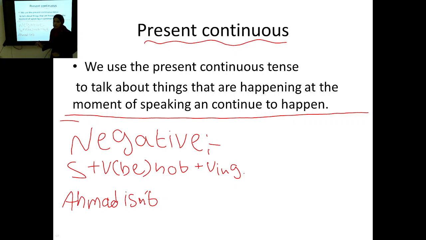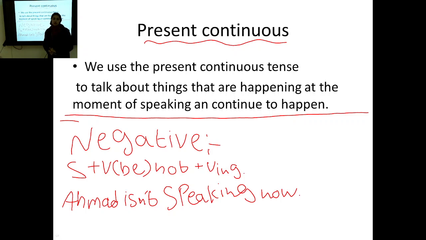As we said, we can contract or we can make a short form to make it easier for you. Okay, Ahmad isn't speaking now. You see, as simple as that.